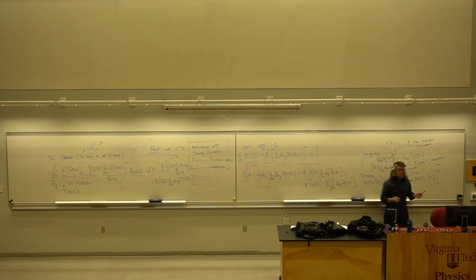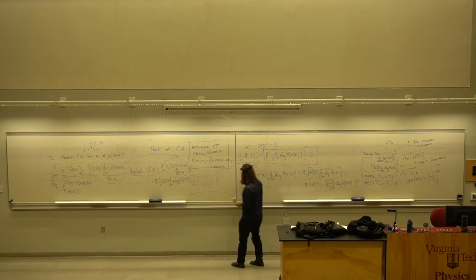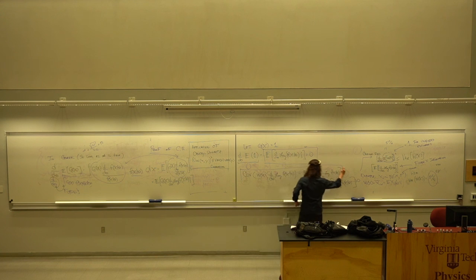That's just a definition of what covariance is. You should be familiar with that. So I've already proven that this is 0. So this covariance right here is equal to that.